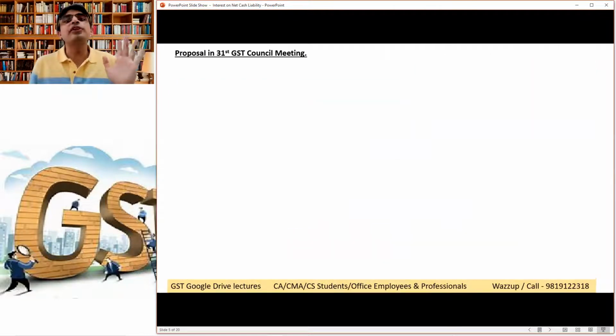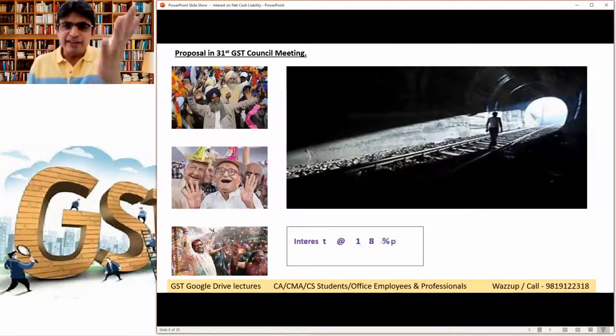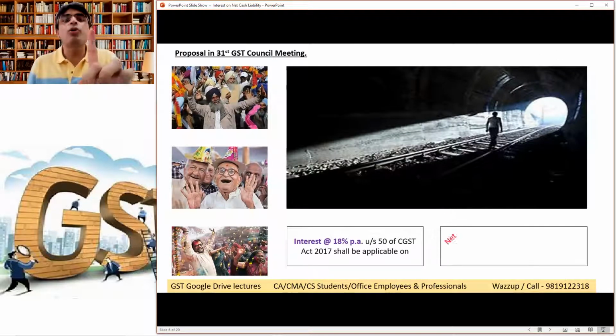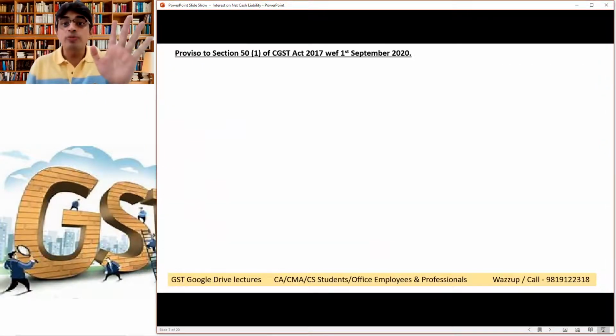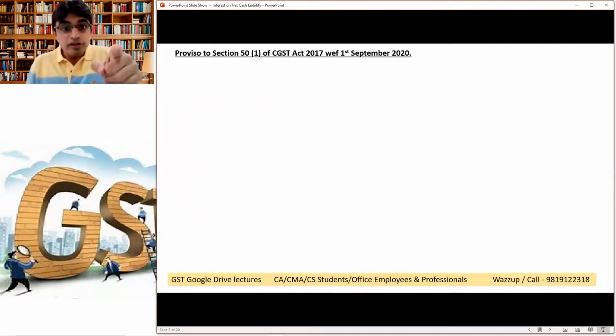So this proposal came. Finally the taxpayers were happy that there was some light at the end of the tunnel, that interest shall now be applicable on net cash liability or net GST liability, which you pay from your electronic cash ledger. But what happened? For what was discussed in the 31st GST Council meeting, a provision came, Section 50 subsection 1.